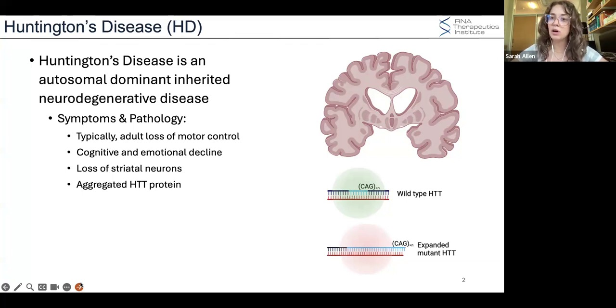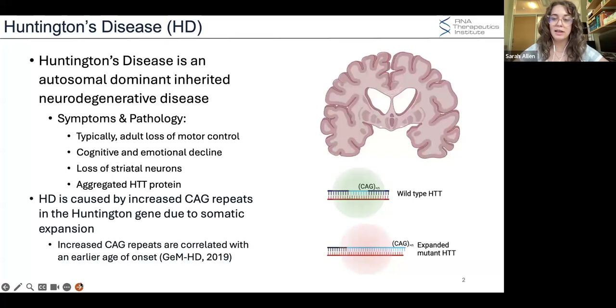This is caused by a mutation within exon 1 of the Huntingtin gene. Particularly, it is caused by the accumulation of an increased number of CAG repeats within exon 1. And this increase in CAG repeat number is actually correlated with an earlier age of onset. So if you have more CAG repeats, generally you have an earlier age of disease onset compared to having fewer CAG repeats.